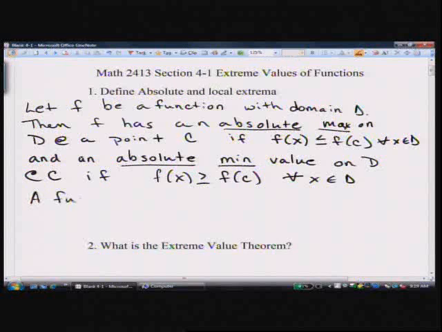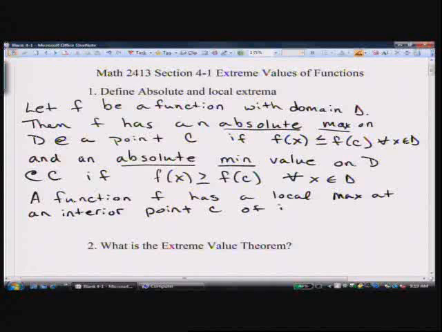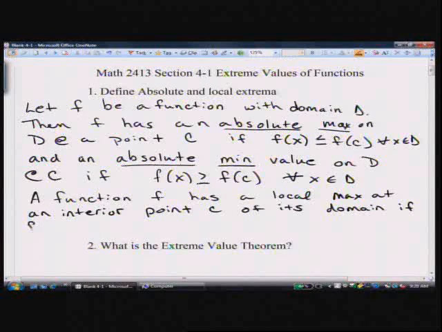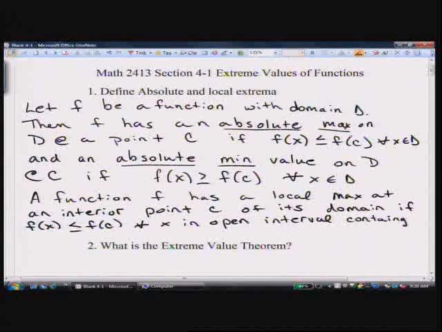A function f has a local max at an interior point c of its domain if f of x is less than or equal to f of c for all x in an open interval containing c.